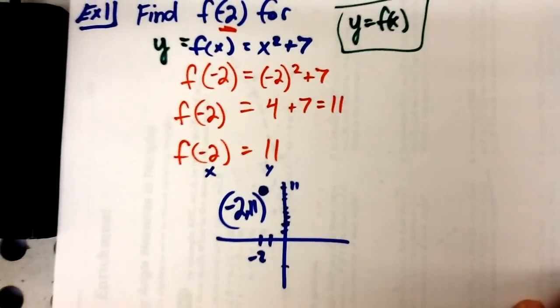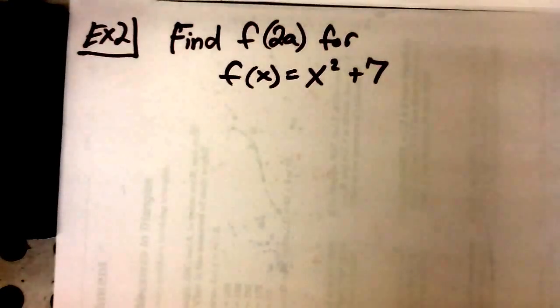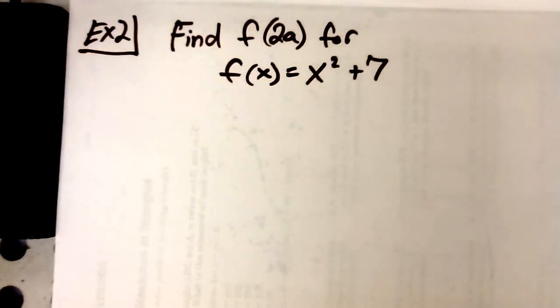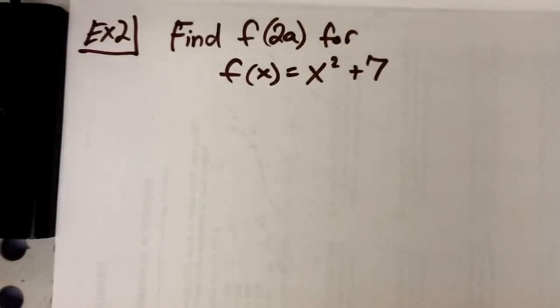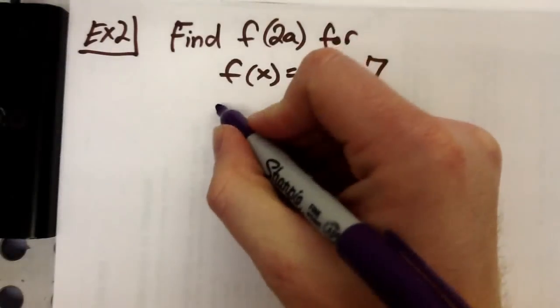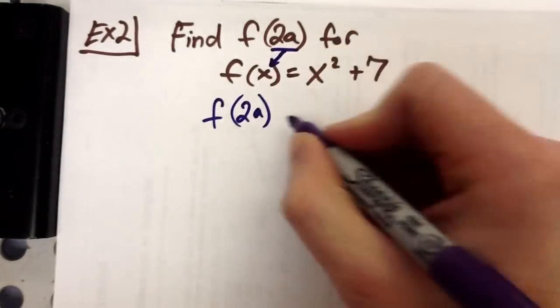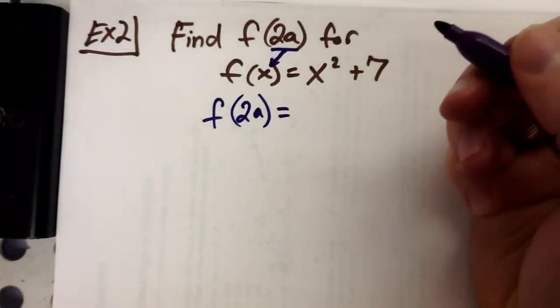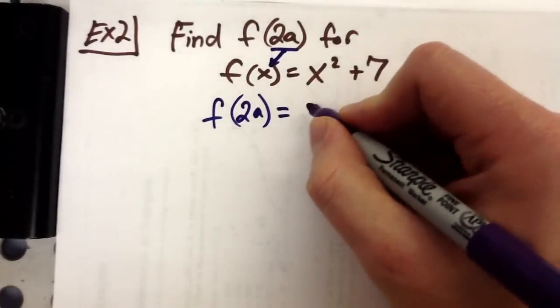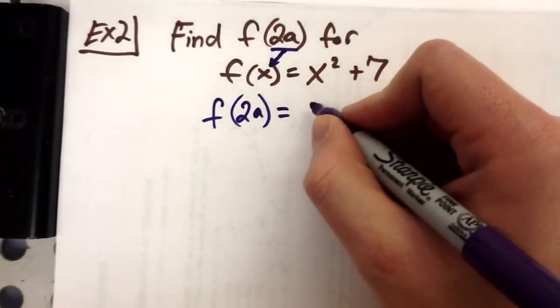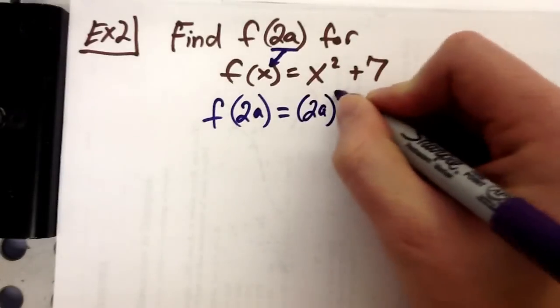Okay, so another example, a slightly more complicated example. Let's find f of 2a. This will seem a little different, but it's not too bad. You are plugging 2a in for x. It's substitution, just like you did at the end of chapter 6. So everywhere you have an x over here, you're going to put a 2a in its place.